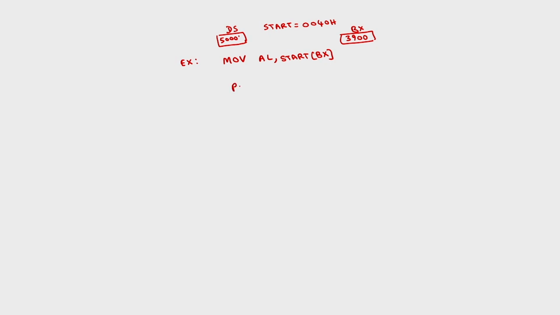Then the physical address will be computed using DS into 10 plus START plus BX.